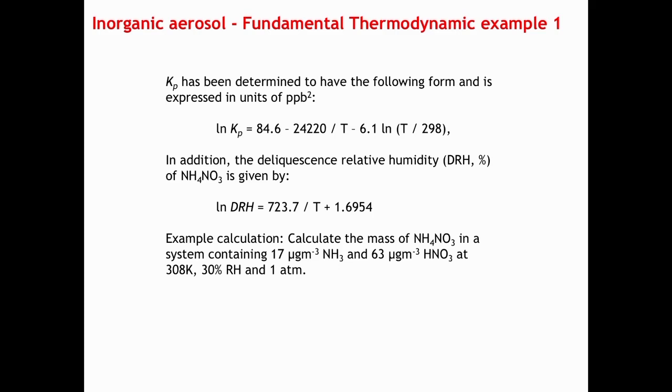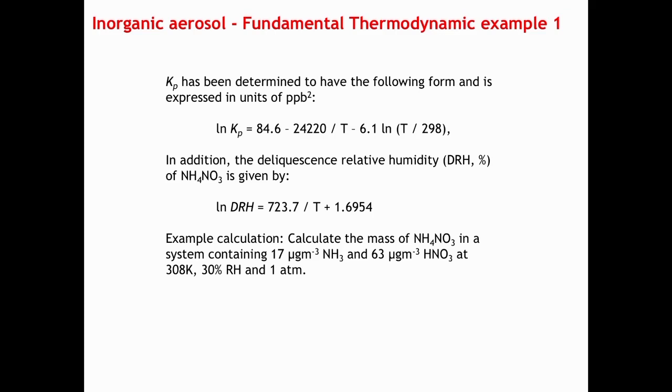You have 1 micromole. So this is times 10 to the minus 3 cubic metres. Okay? Cubed. 10 to minus 6, isn't it? How many litres are there?